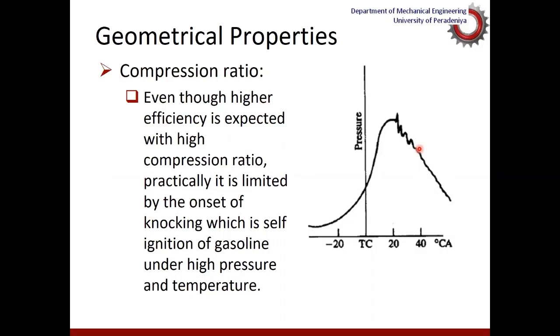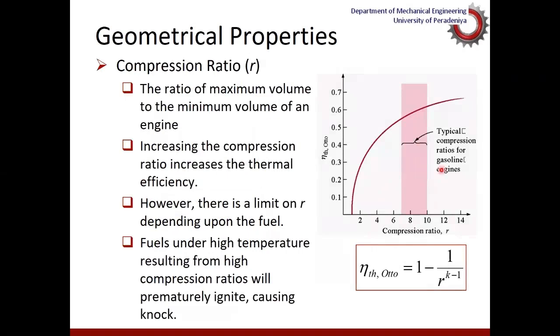So there will be some undesirable practical situations created if you go beyond a certain value as far as the compression ratio is concerned. There is a practical limit that you can increase the compression ratio. Usually the limit is around 10 nowadays.